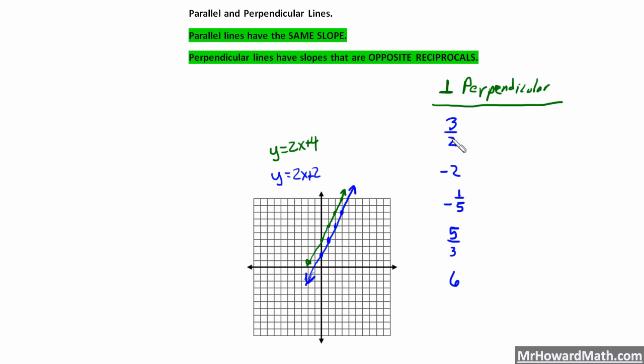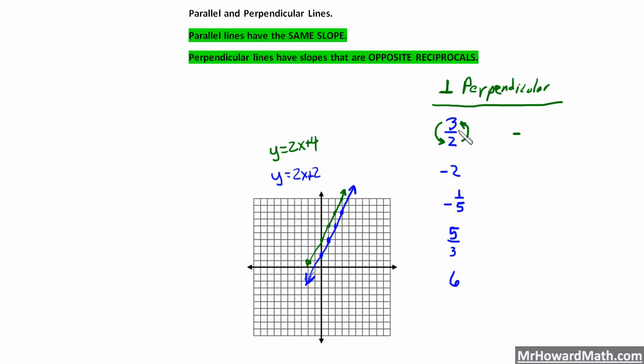So 3 over 2, when we take the opposite reciprocal, the first thing that we have to do is change the sign. This opposite part means change the sign, so if this is positive, our new slope has to be negative. The reciprocal part means to take this and flip it over.